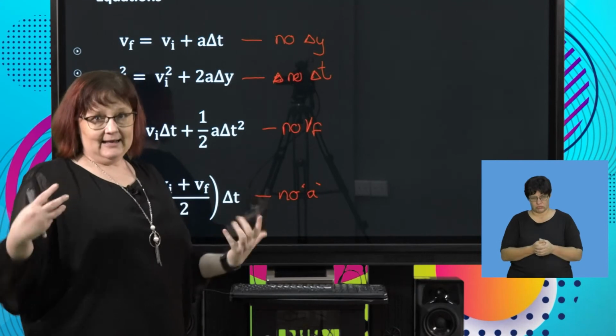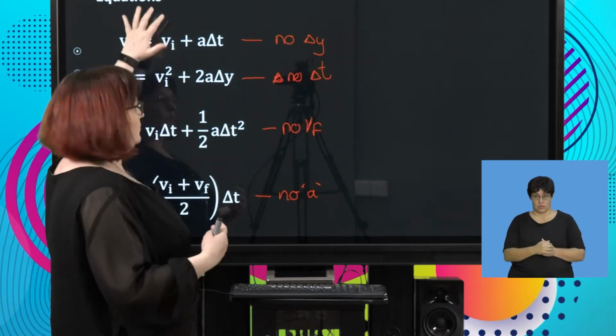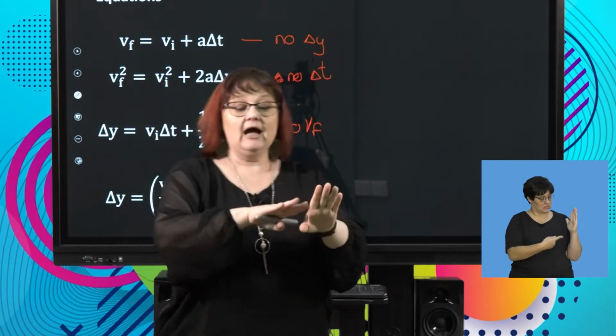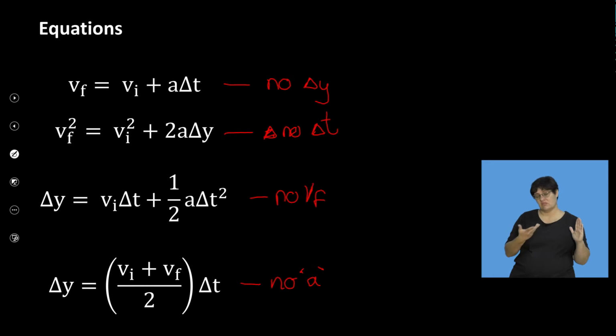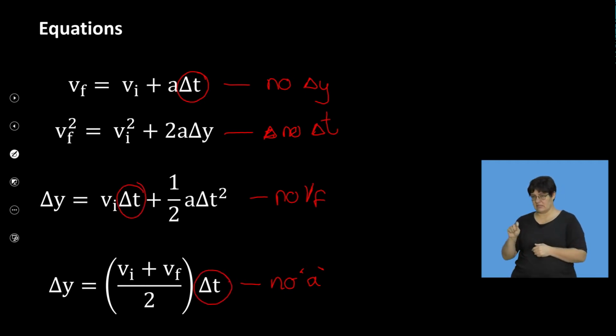The way I like to look at it is I will take my information sheet, I will look at the information I'm given in the question, and then, for example, say I need to find delta t, I'd go, there's a delta t, there's t, and there's t. Then I start with the equation and go, what do I know?